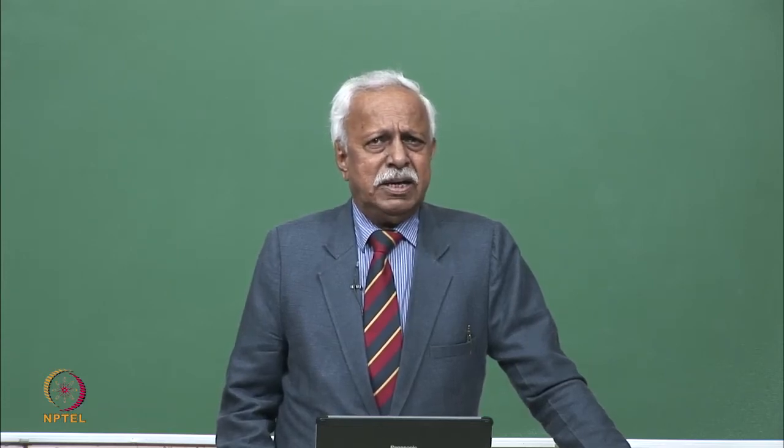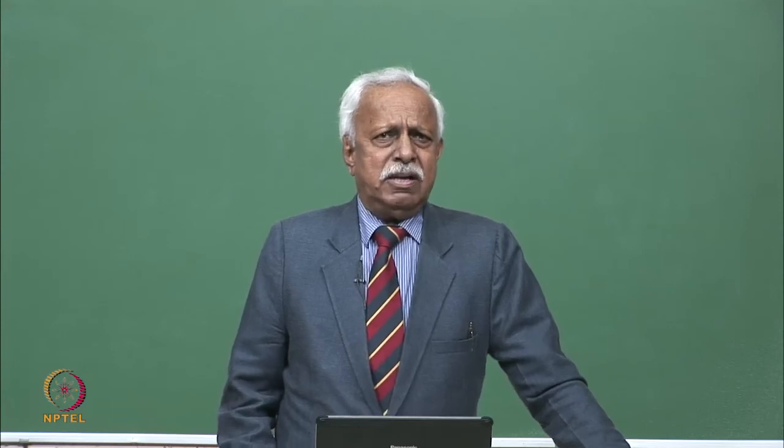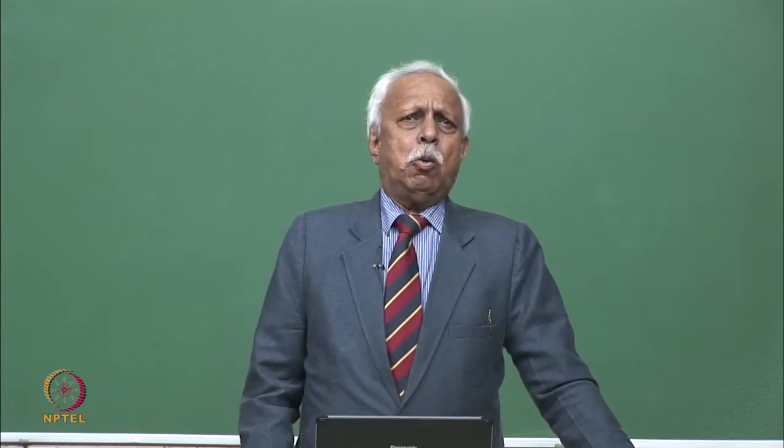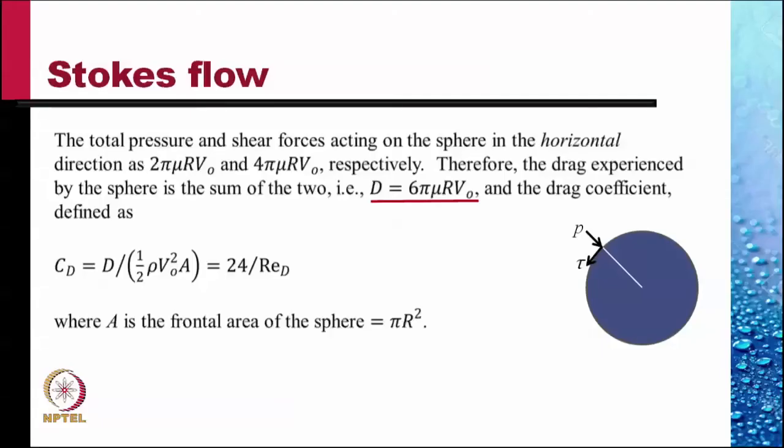When Reynolds number is very small, the drag coefficient becomes quite large. This drag, 6 pi mu R V naught, is what you learned in high school as Stokes law.